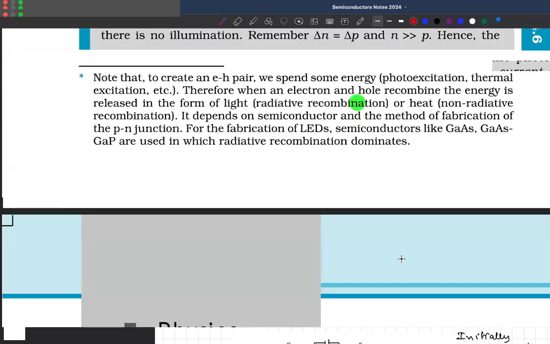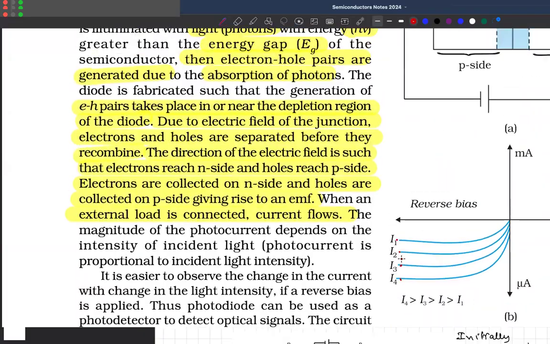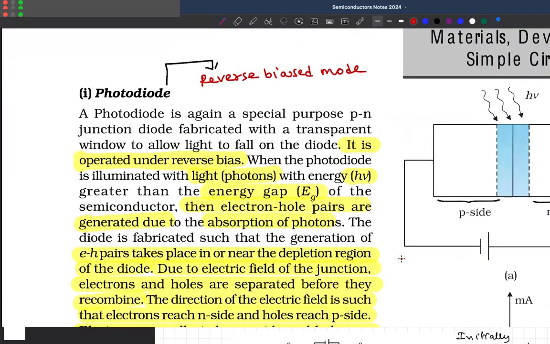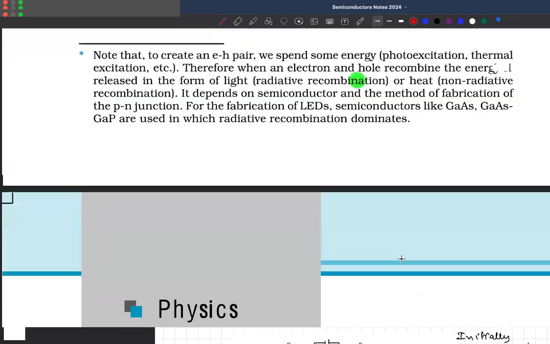See, in the photodiode, what we are doing is exposing light to the depletion region. The reverse happens here.